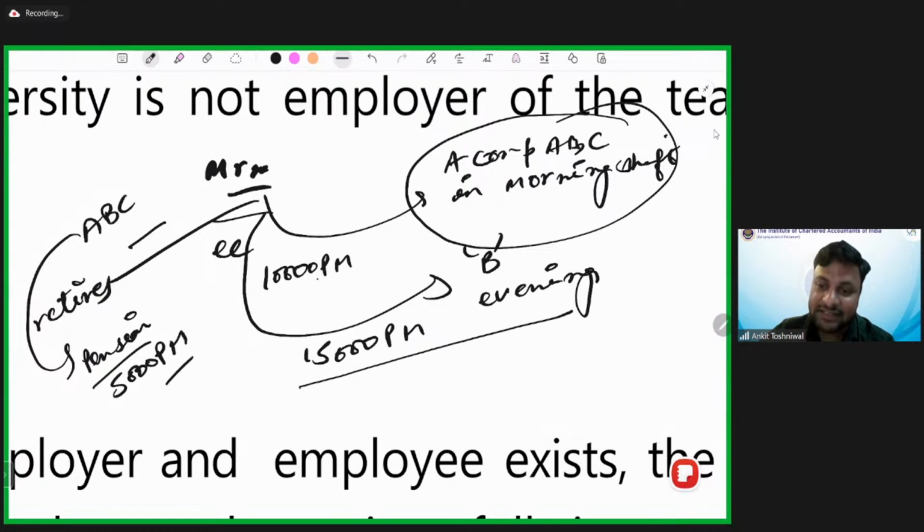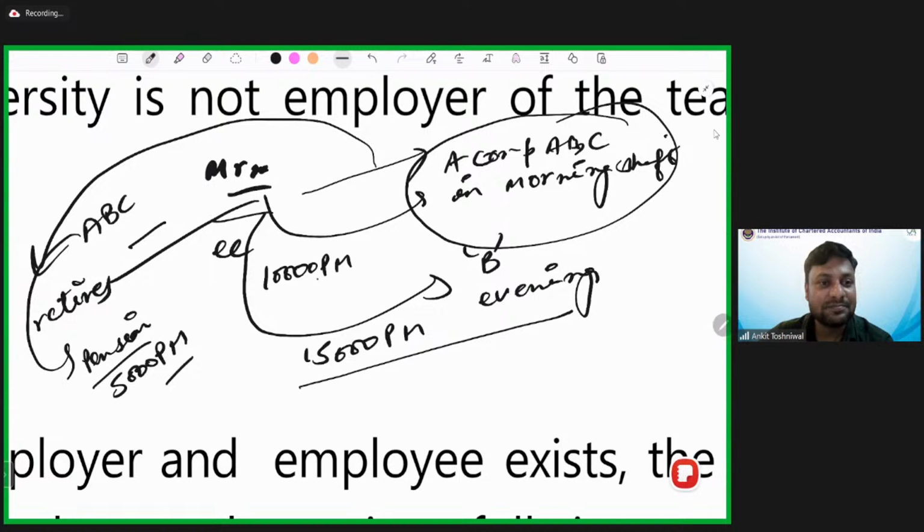Is it taxable under the head salary? Yes, because it is an extension of that agreement only. So here is one more concept: the employer may be past or future also. He is his past employer, and his pension is taxable.